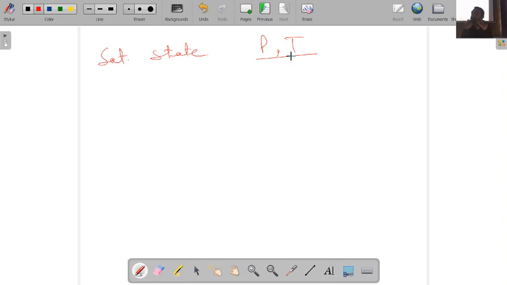So particularly at the saturation state, pressure and temperature are dependent on each other. If you go away from the saturated regime, then pressure and temperature become independent. There you can use them, for example, in the superheated region or in the subcooled region. So from the state postulates, it is very clear that we require two independent intensive properties.